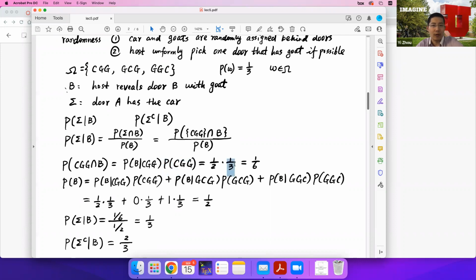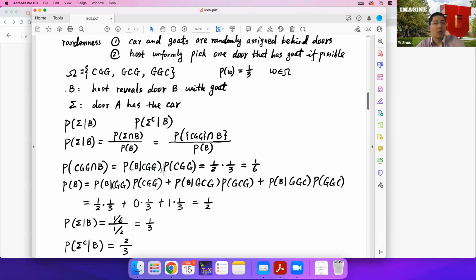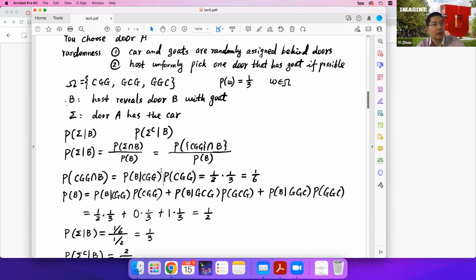Now the first term we're looking at: given that the three gifts are distributed in this way, what is the probability that the host reveals door B with the ghost? And here's the thing. We choose A, which has the car, and then the other doors, both of them have ghosts.